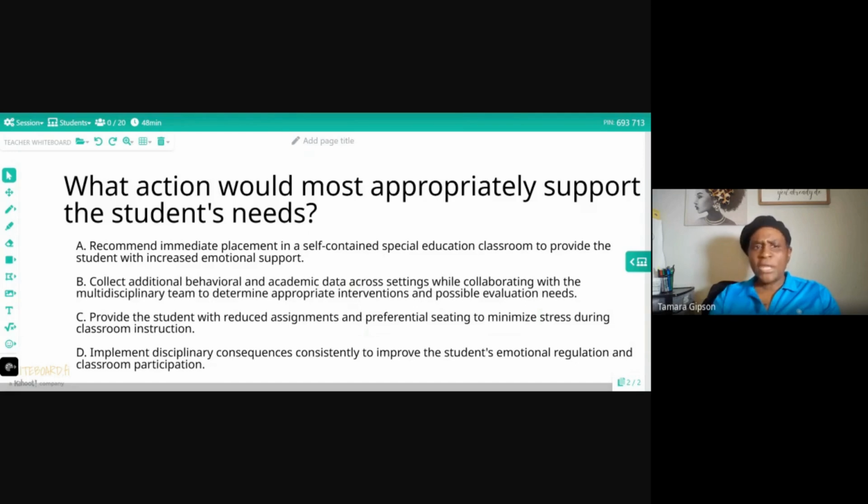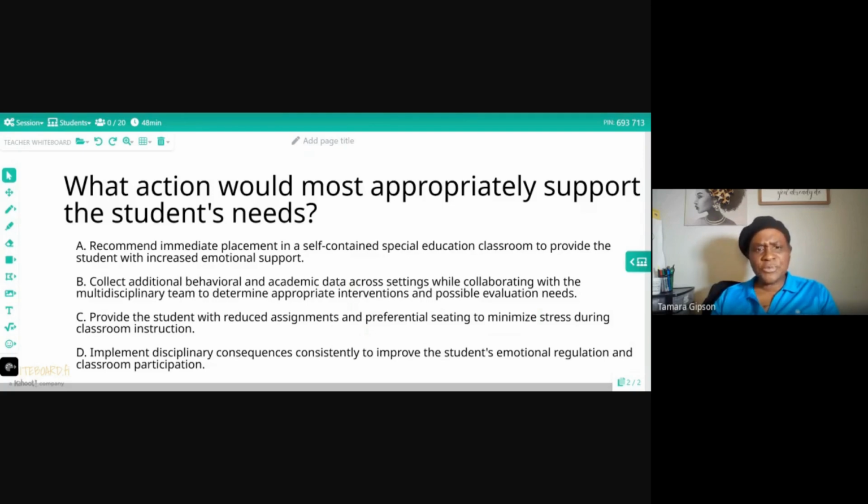So again, what action would most appropriately help with the student's need? Is it to recommend immediate placement in the self-contained special education classroom to provide the student with increased emotional support? Is it to collect additional behavior and academic data across settings while collaborating with a multidisciplinary team to determine appropriate intervention and possible evaluation needs?